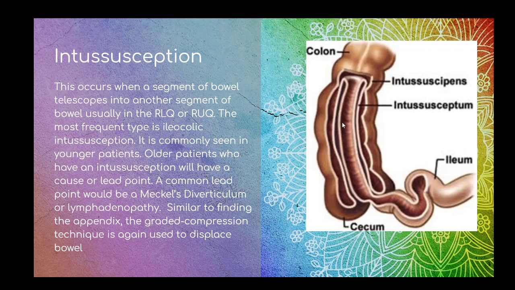So sometimes a patient who has been sick recently, maybe with a gastroenteritis or just something that caused their lymph nodes in general to enlarge, if they've had a recent illness, they're more likely to show up with that intussusception a week or two later.